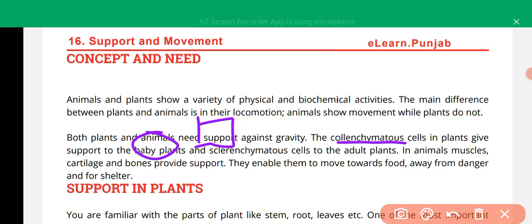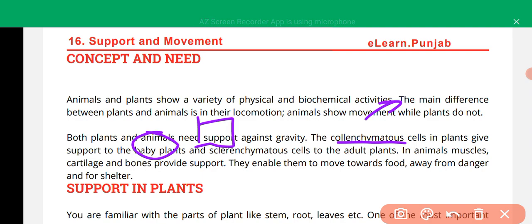Actually, they are not as rigid as sclerenchyma, which gives support in adult or mature plants, because collenchyma cells lack a secondary cell wall, which is made of lignins, silica, waxes, and cutins.